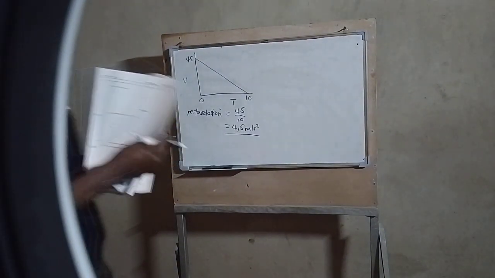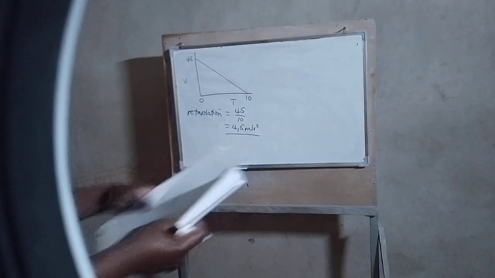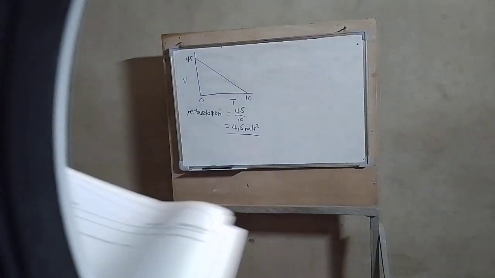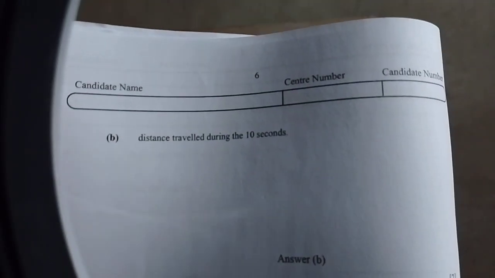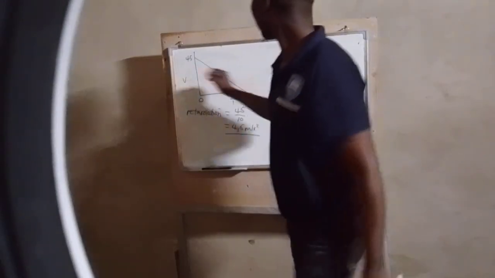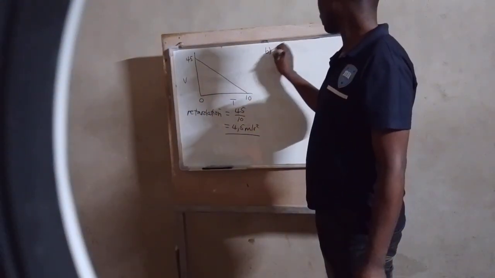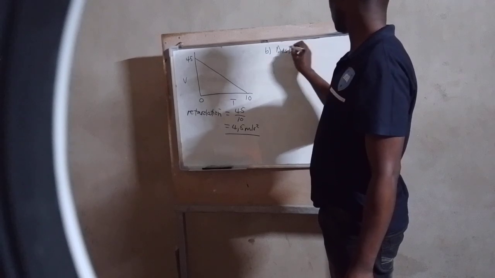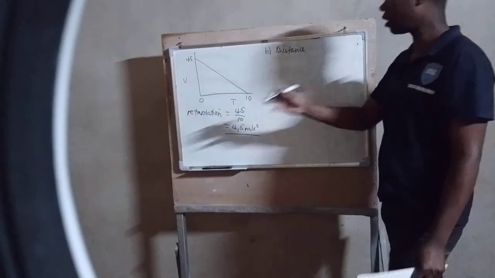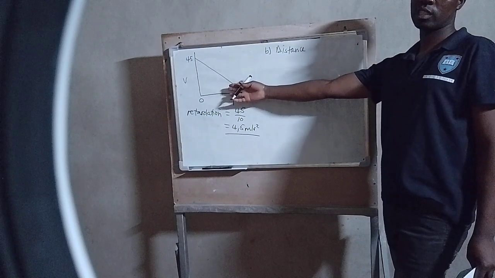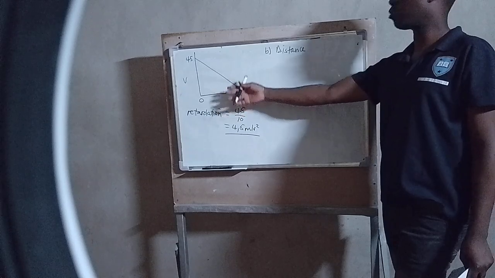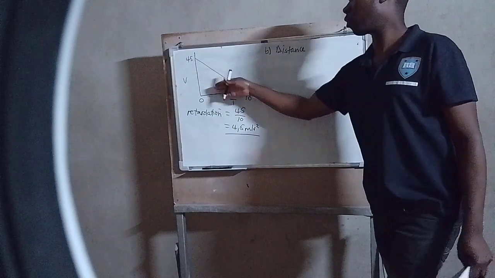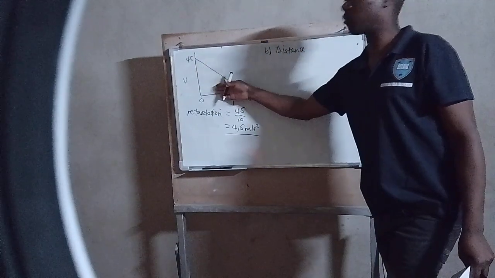Then the other question on this graph is the distance traveled during the 10 seconds. Now, to calculate distance traveled, you simply find the area of this diagram, or you simply find the area of the shape, that is, the area under the graph.